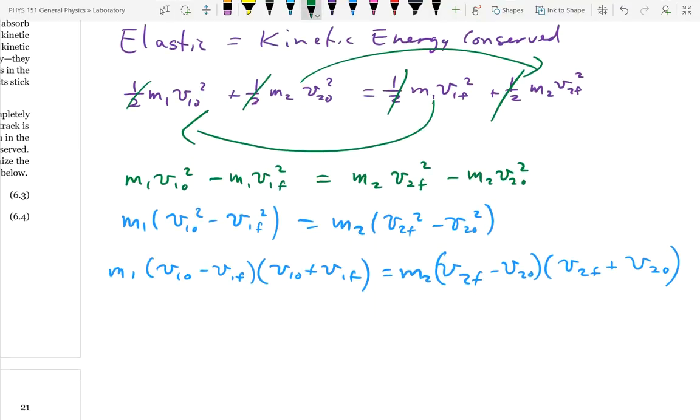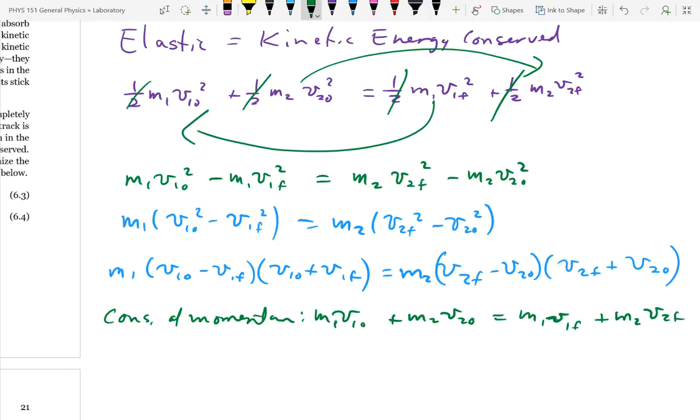Conservation of momentum said M1 V1 initial plus M2 V2 initial equals M1 V1 final plus M2 V2 final.